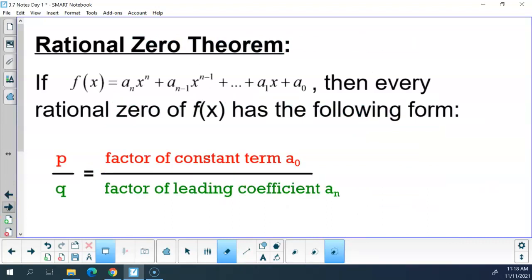Today's topic centers around what is called the rational zero theorem, and the rational zero theorem works for any polynomial function.